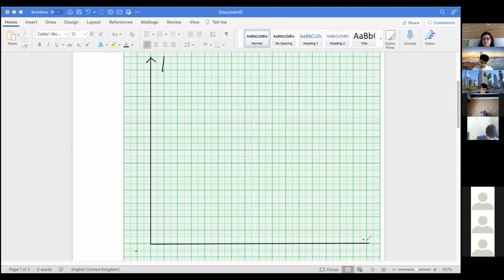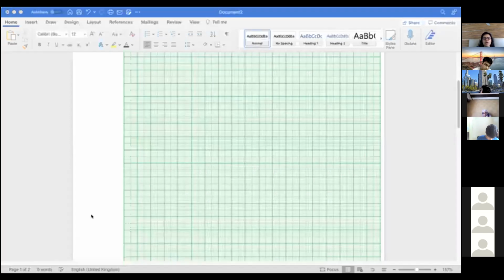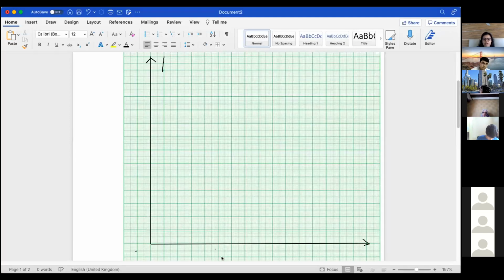Same thing written once again. What are the things? Number of students and marks obtained. So marks obtained here. And here number of students.